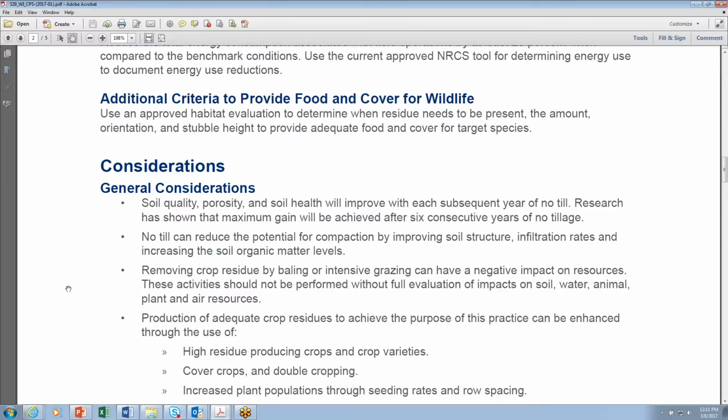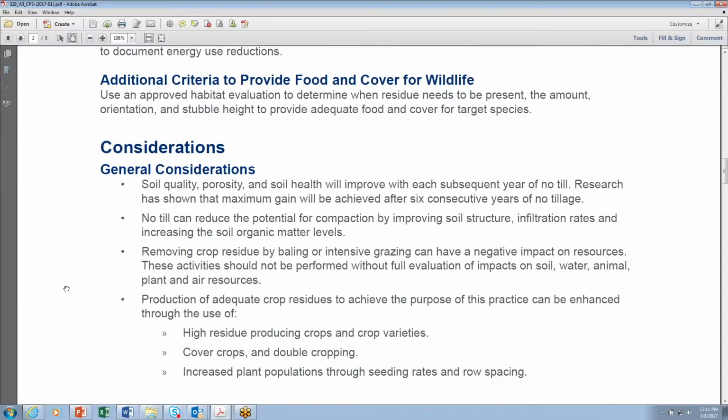So under general considerations, we're trying to do something with soil quality, with porosity, with soil health. So that's a major consideration for this practice standard. One thing too is just always good to understand that in order to get the full value of a no-till practice standard, it takes 6 years of continuous no-till in order to really reap the benefits of this particular practice standard, and that's something a lot of people don't understand.